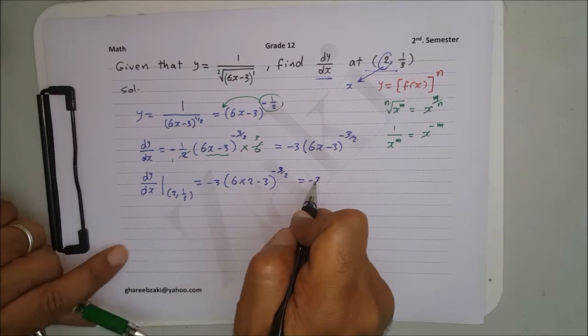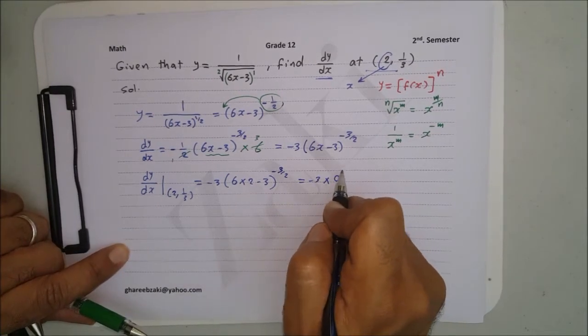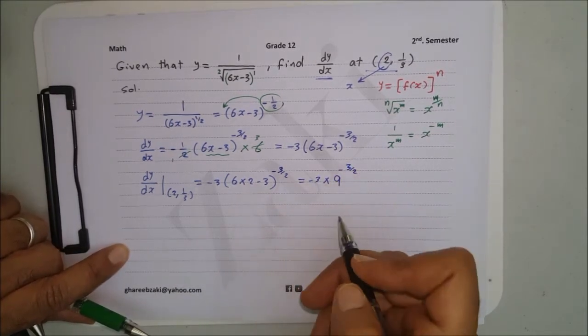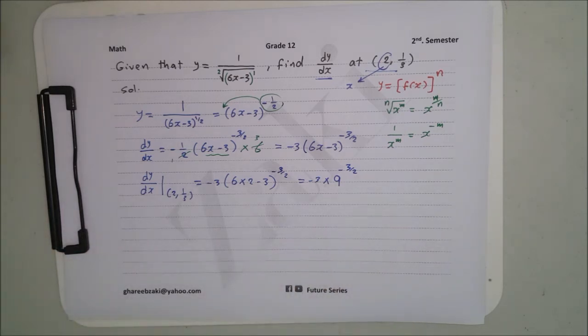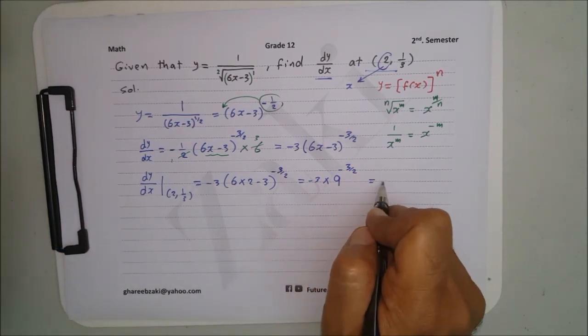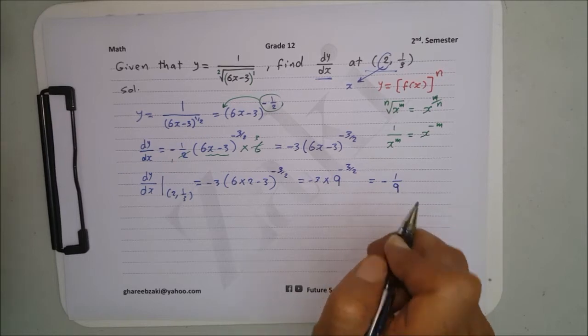So it's negative 3 multiplied by 9 to the power negative 3 over 2. By using the calculator, the answer is negative 1 over 9.